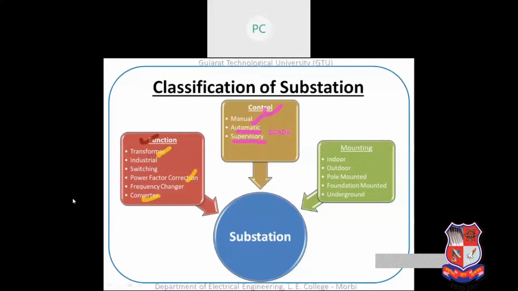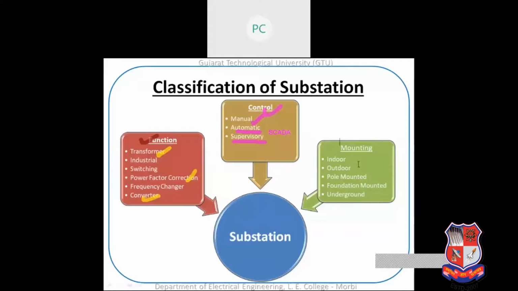Last but not the least, the third type of classification is mounting type classification, right? So what is mounting type classification? Mounting type classification means how you are mounting the assembly that you have in the system.